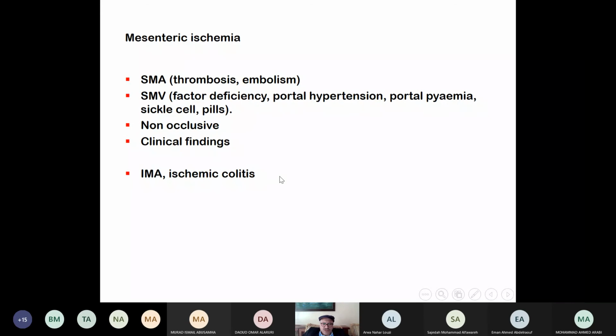It may save the patient partially or completely, or will not save him, just like the collaterals in the coronaries. If it happens and the patient survives, it may end up with a stricture because of the ischemia. So it is one of the causes of strictures of the colon.